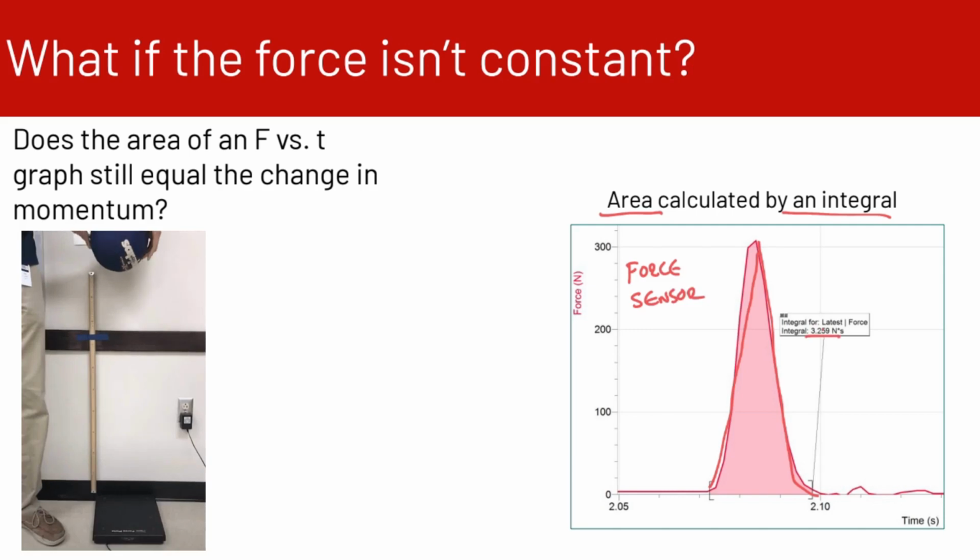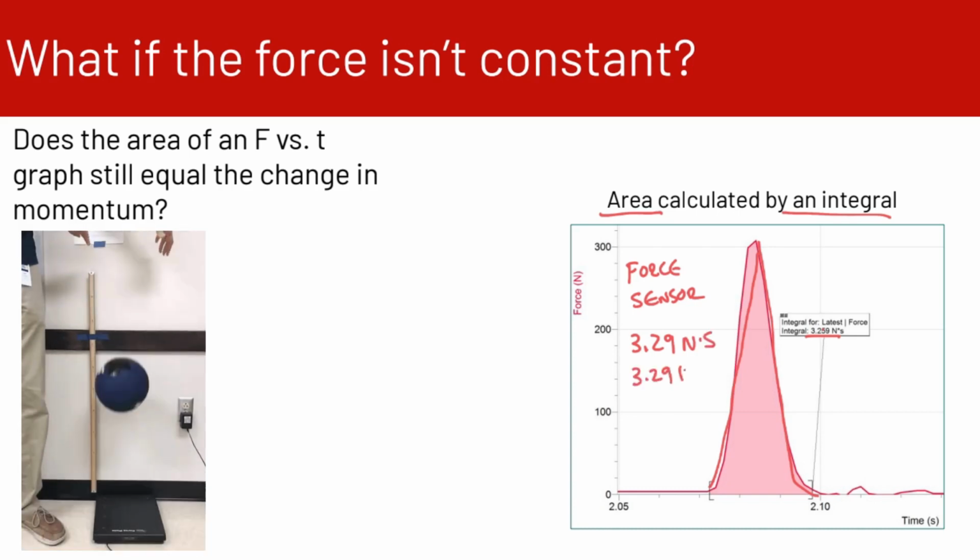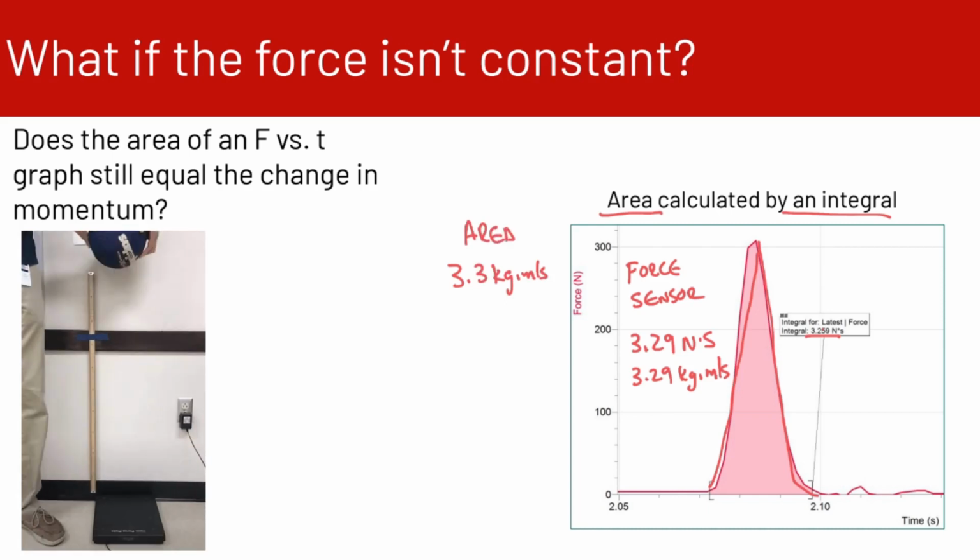You can't see it very well, but it's 3.29 Newton seconds, or 3.29 kilogram meters per second. If you compare that to the area that we calculated using the area formula, we got 3.3 kilogram meters per second, so that's very close.